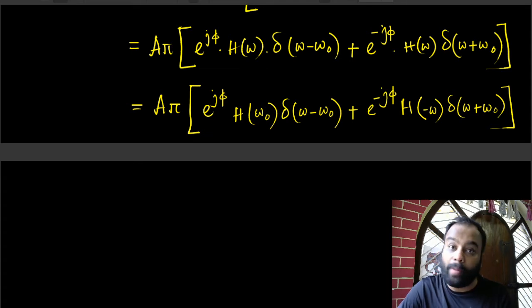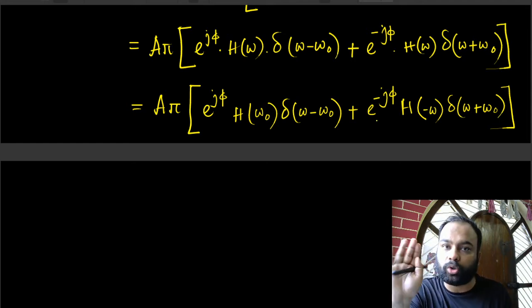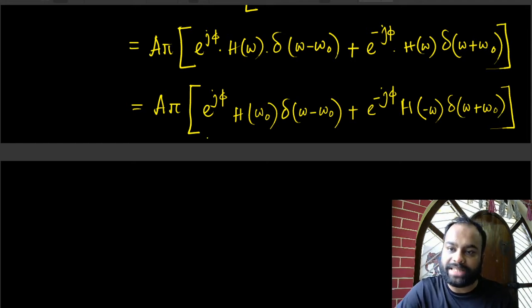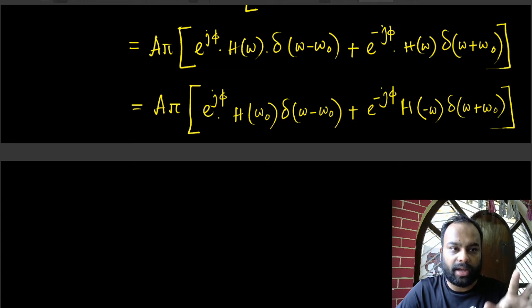Omega naught is a constant. So this entire term e to the power j phi H omega naught is a constant. Similarly, e to the power minus j phi H minus omega is also a constant. So these two terms are constants. So this is as good as this a pi, right? This is just a fixed constant number. I think that idea is clear, right?